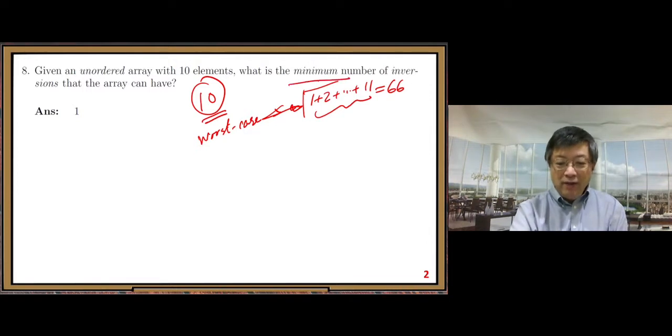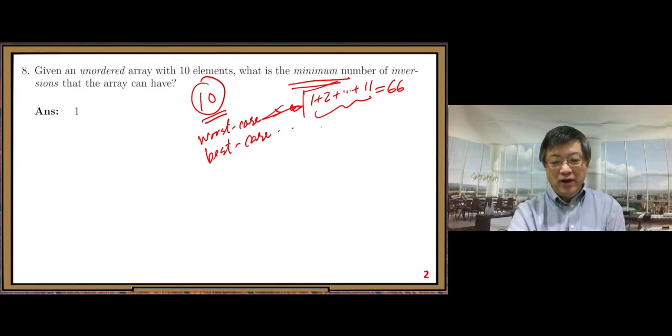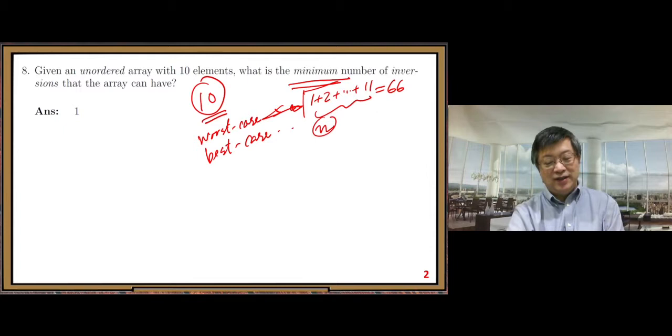Then the minimum, so they connect to the best case formula. Most of the time that's n, right? The best case, 1 plus 1, 10 times. So they give that 10, but here it's not.